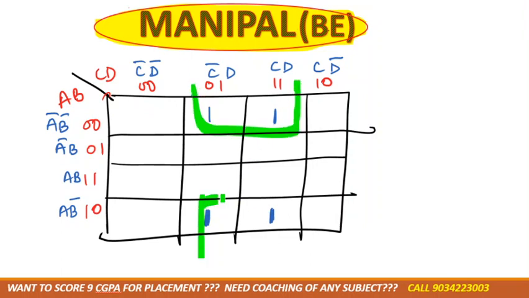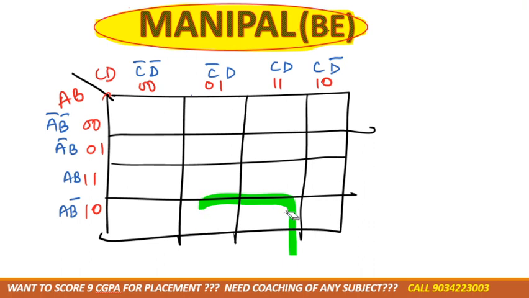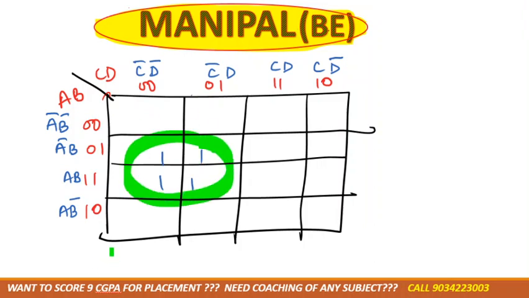As I told you, we need to prefer the longest pair, right? Similarly, suppose we have 1, 1, 1, 1. So now tell me, this will become a pair, right? Okay, understood?